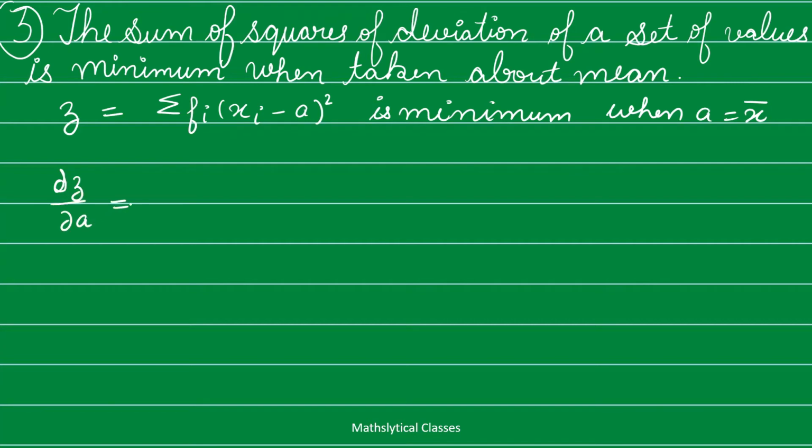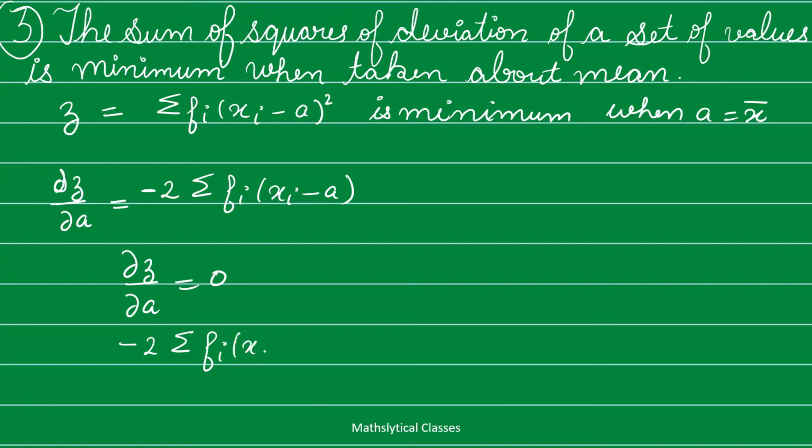That will be equal to 2 times summation fi (xi minus a) times minus 1. We will find the point from here by putting dz upon da equal to 0. So when we put dz upon da equal to 0, we get minus 2 times summation fi (xi minus a) equal to 0.